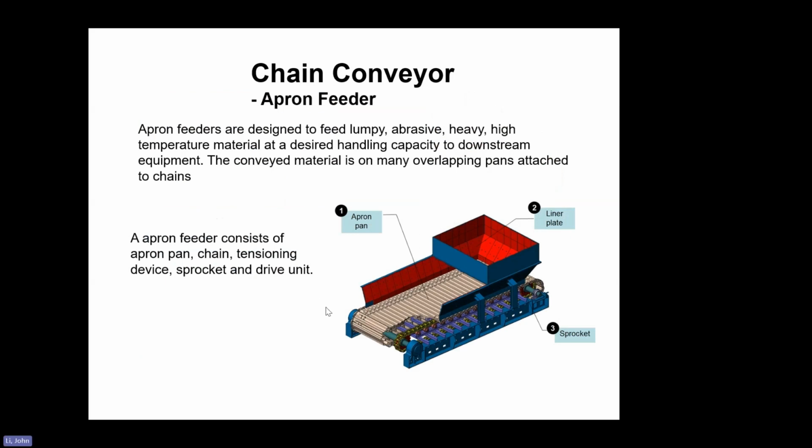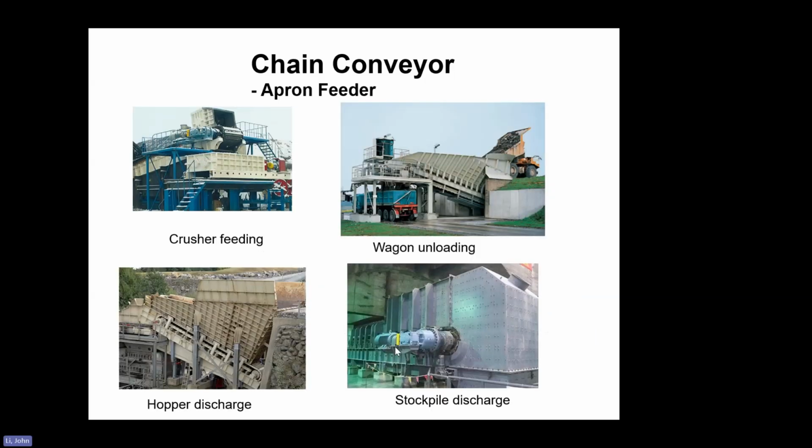Now I introduce the chain conveyor. Chain conveyors have lots of types. I introduce only 3 types of chain conveyor here. First one is the apron feeder. It is most used in mining projects, like to discharge materials, like feeding a crusher, so it is installed above the crusher.